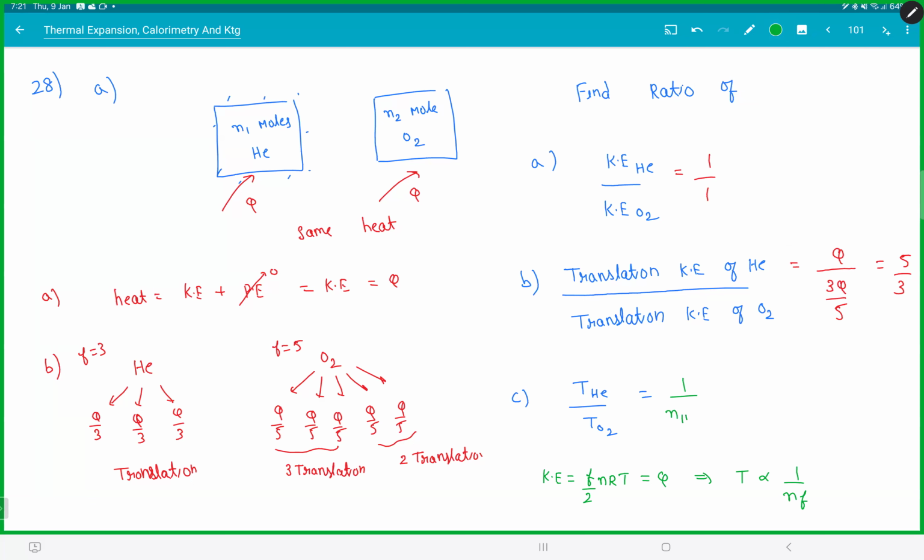So this is the number of molecules of helium and degrees of freedom of helium, number of molecules of oxygen and degrees of freedom of oxygen. This ratio will be 5 N2 by 3 N1. Check your answers, everyone. In O2, sorry, 2 rotation.